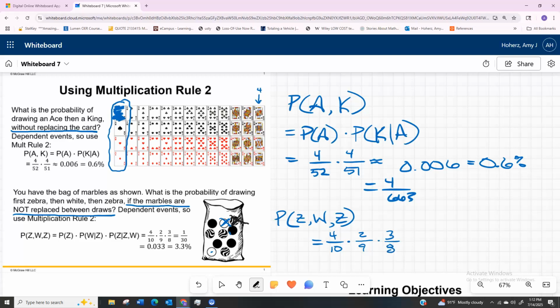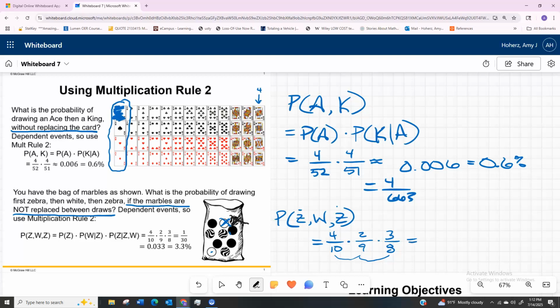So when you're not replacing, each of these numbers on the bottom is going to go down each time. And then the number on the top is going to go down if we repeat something. So in this case, we had to go from having 4 zebra stripe marbles to 3 because we did a zebra on the first draw and then again on the third draw.